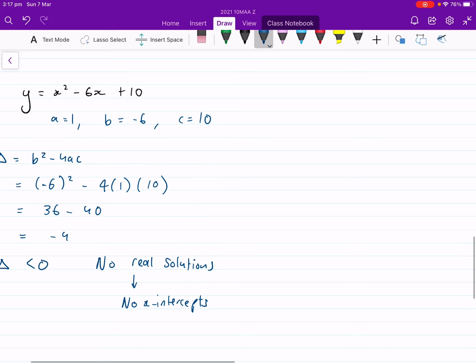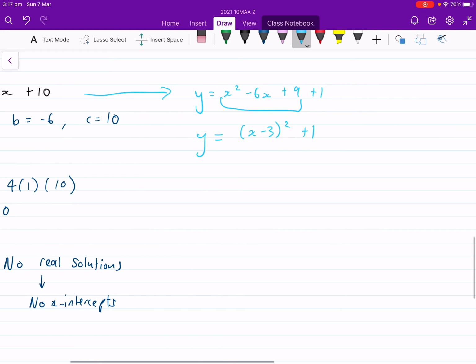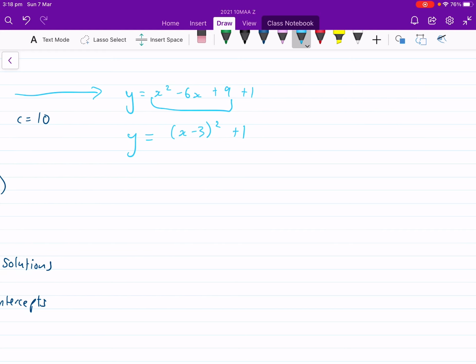Now, by completing the square, I could write this as y equals x squared minus 6x plus 9 plus 1. Here I can know that that is x minus 3 all squared plus 1, which is in vertex form with a vertex at positive 3, 1.